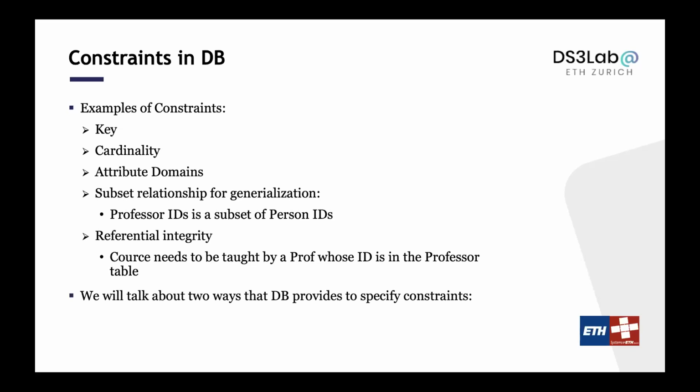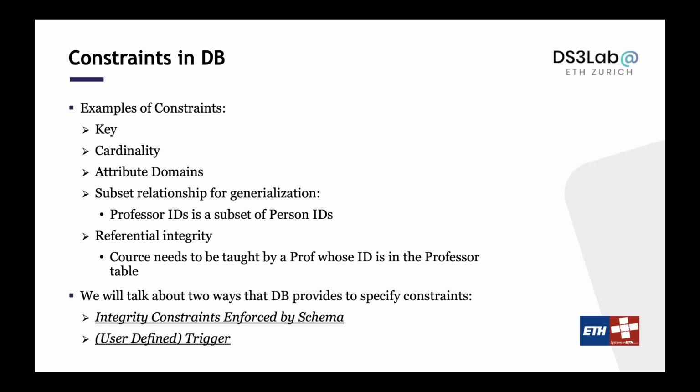If you think about database systems, there are essentially two ways to specify constraints. One way is to enforce them by schema, which is what we are going to talk about today. The second is to define something called a user-defined trigger, which we are going to talk about in the next lecture.